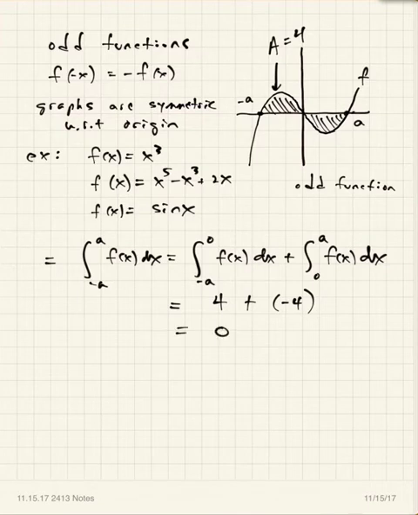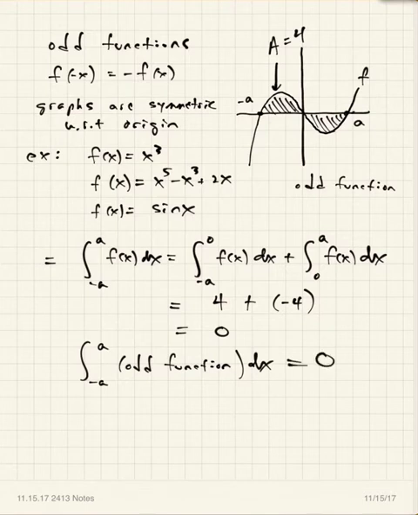You get 0. So for odd functions, this is always the case: when you integrate from negative a to a, and you've got an odd function here, it's got to be a symmetric interval, then that integral is always 0. So an example of this would be the sine function.